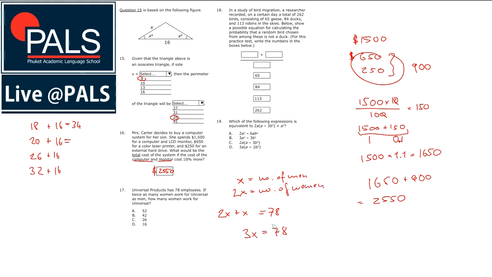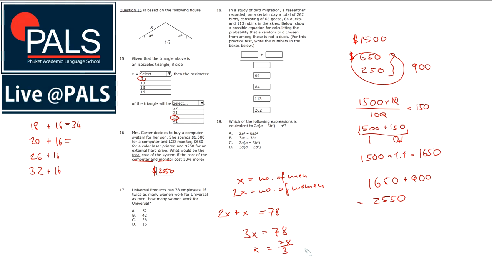And then we add that together, and that gives us the total number 78. 2x plus x is 3x. X plus x plus x is 3x equals 78. So that means x is equal to 78 divided by 3.